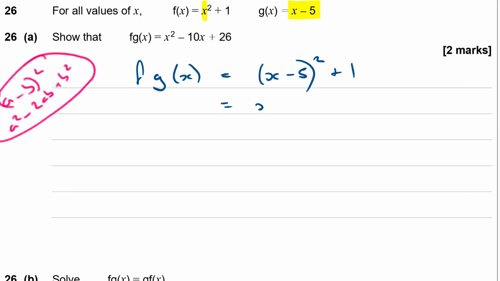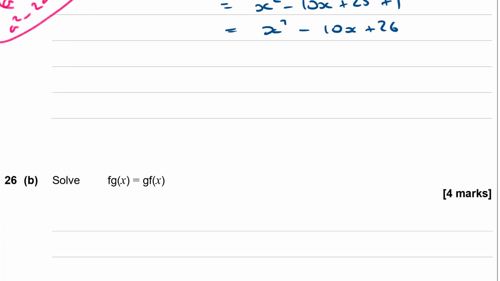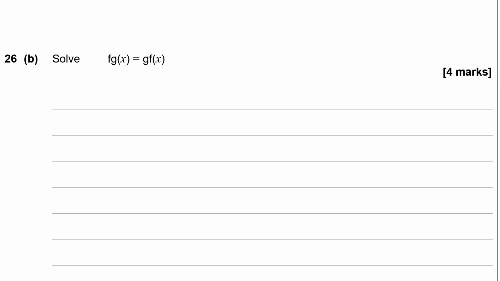So that gives me x squared minus, so 2 times a times b in this case would be minus 10x plus 25 plus 1. So then just join those last two things together. Gives me that. So, done.